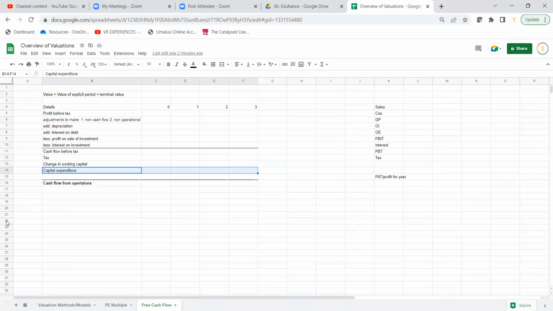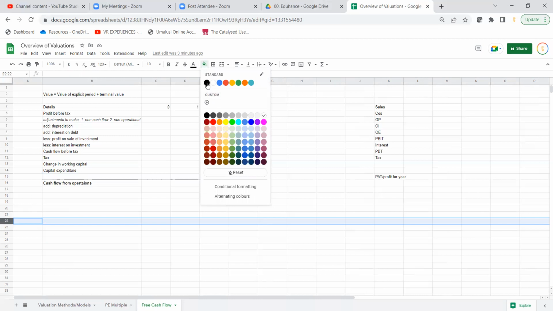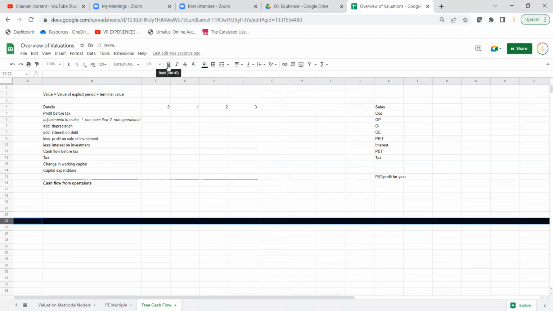Okay, so I'm going to work out the change in working capital, and I'll work out capex.